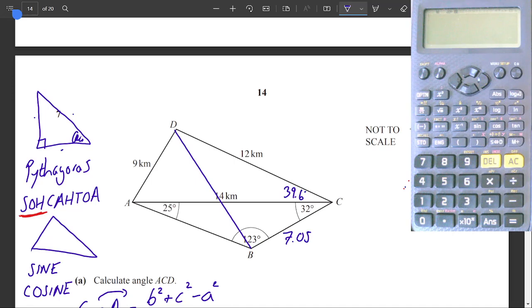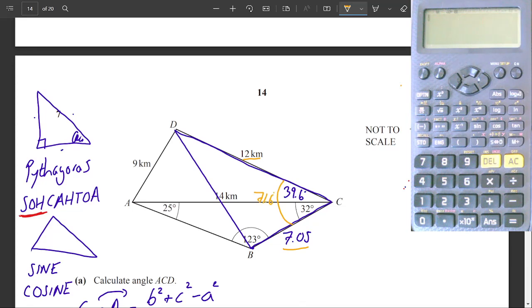What do we have? Let's see. If we go to the triangle on the right, I have quite a lot of information. We've got two side lengths, 12 kilometers and 7.05 kilometers given to us. And we've also worked out 39.6, which gives us this angle here, which would be 71.6.